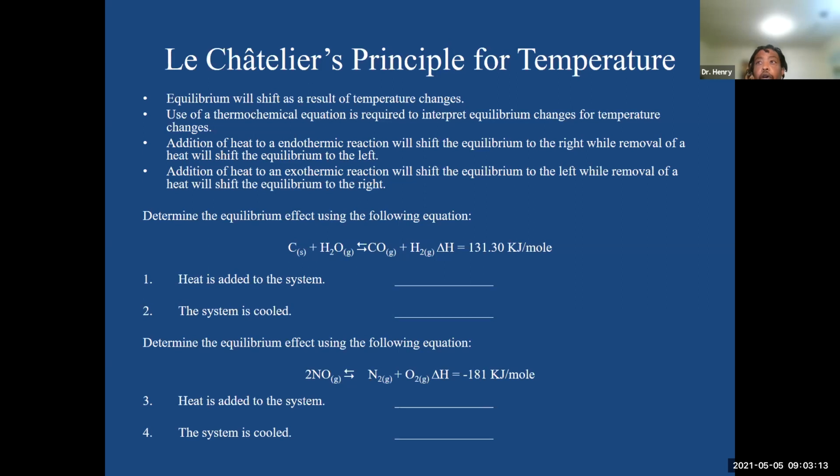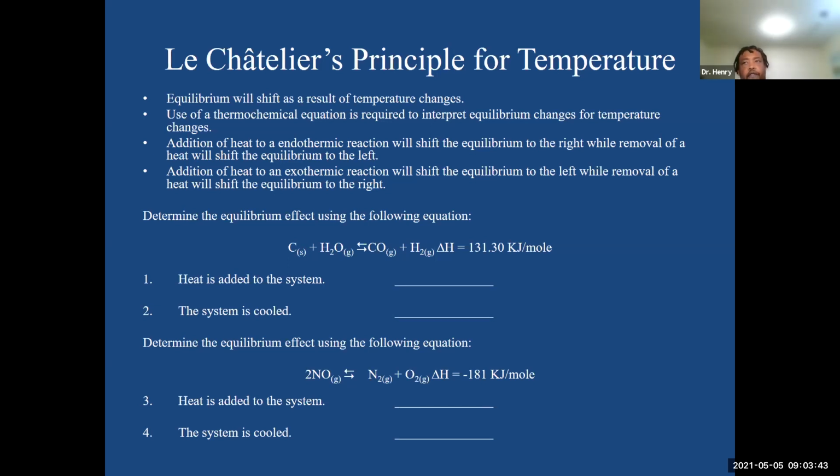Okay, so the addition of heat to an endothermic reaction will shift the equilibrium to the right, whereas removal of heat will shift the equilibrium to the left. In other words, if you're putting in extra heat in the case of an endothermic reaction, you're driving the reaction towards the product.